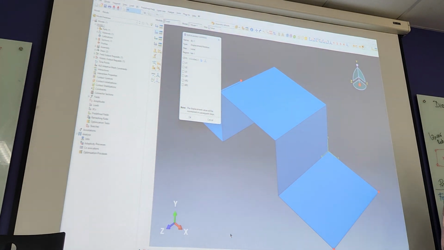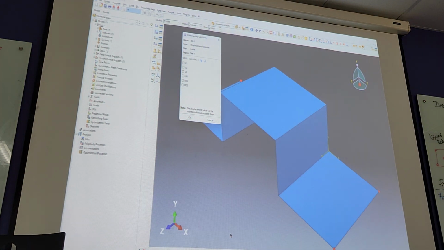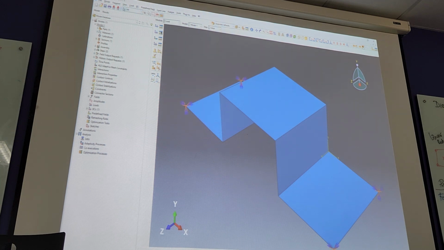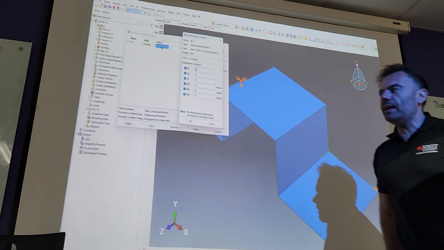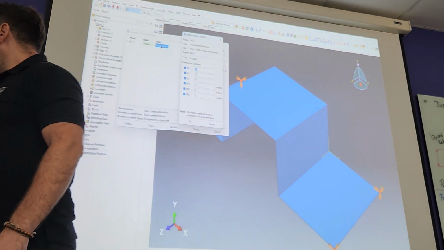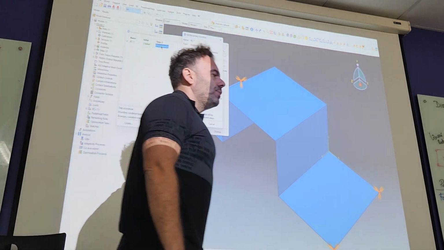Yeah? So your boundary conditions, again, this is my preference. I would lock all of them in the initial step, then I will go to the active step, this analysis step, and make it what it needs to be. So what we have here is a pin. What is a 3D pin?